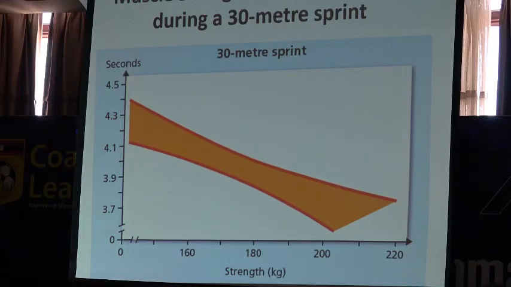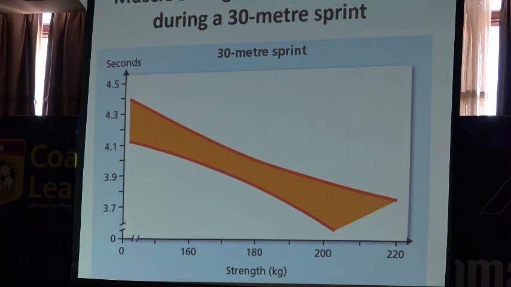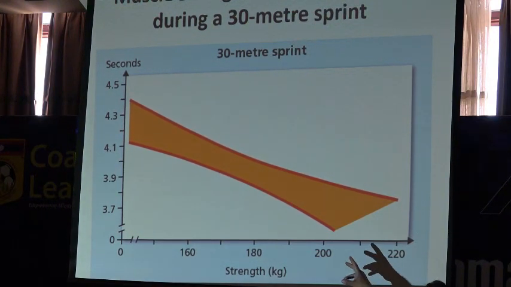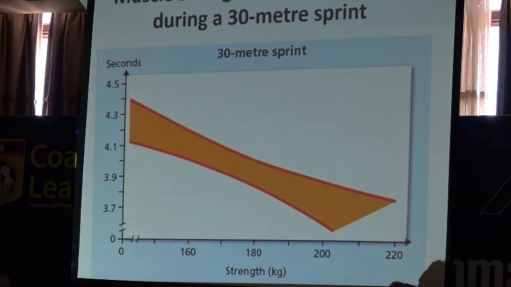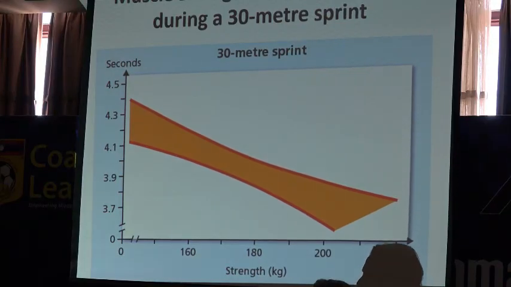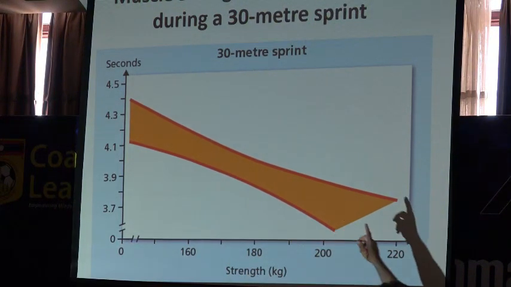Okay, so we will continue, and this is just to show you a study made by some Norwegian researchers. This is 1 RM, the maximum that you can lift in the squat lift, in relation to how fast you are in a 30 meter sprint.